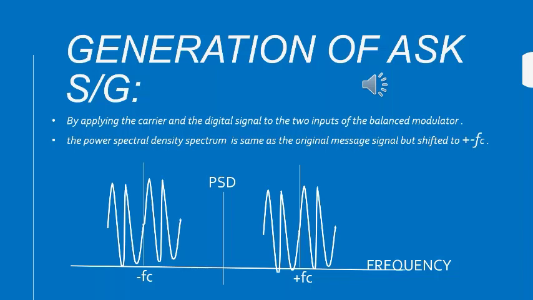By multiplying the carrier with it, and the frequency is shifted. This is about the generation of amplitude shift keying. In the next video lectures, we will discuss the detection of the ASK signal and some advantages and disadvantages.